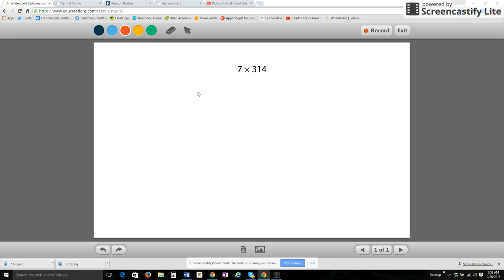So we're going to say 7 times 300, and we're going to multiply that out to estimate. Of course, 7 times 3 is 21, and then add the 2 zeros, and of course we put our comma in right there, and although it's not the neatest writing, our estimation for 7 times 314 is 2,100. All right, I hope this helps.